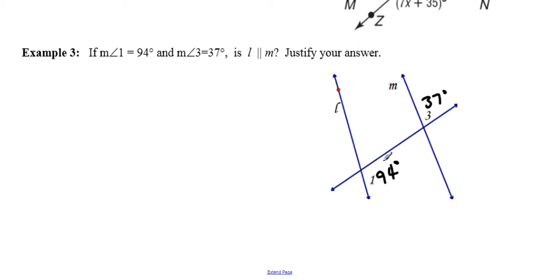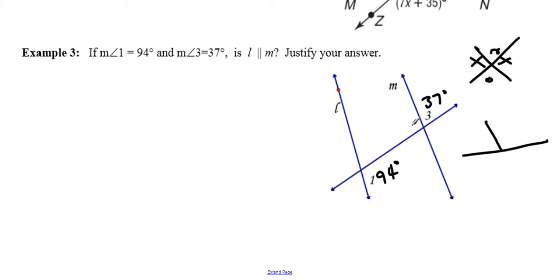But remember from last chapter that we said vertical angles, the ones across from each other, and a linear pair, those relationships are true no matter what kind of lines, parallel lines, skew lines, no matter what, as long as we have two intersecting lines. So let's look for those relationships first to see if we can find one of our parallel line relationships.